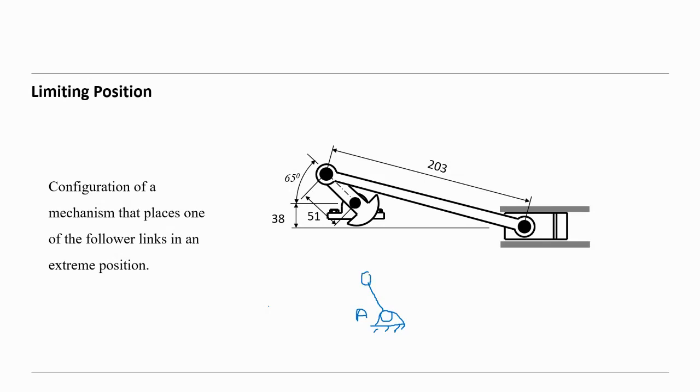Let's say this is the point B. And the slider, which makes linear motion horizontally, let's assume it is somewhere here.